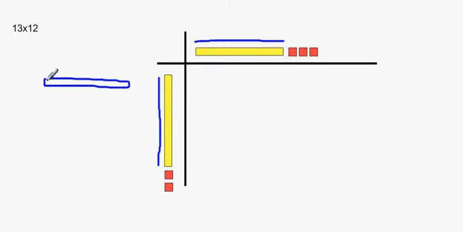I want to point out a couple of things. When we take a look at this array at the top, I notice that my 10 is horizontal here, and here is vertical. And is that important? Would it be all right to put a 10 rod sideways here? If we were trying to get 12 down this side and we put it horizontally, it would look something like this, and it would only have a height of 1.